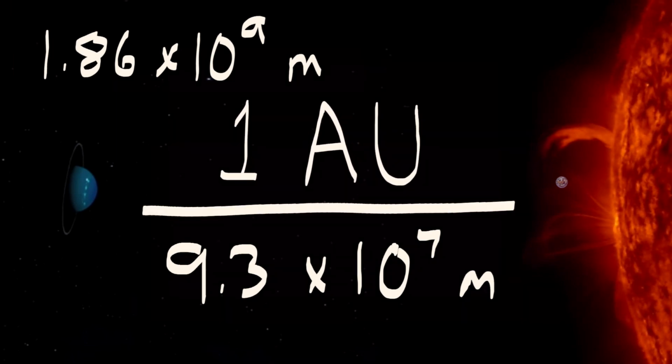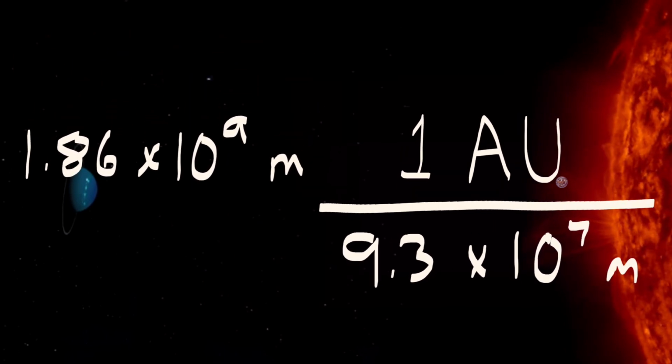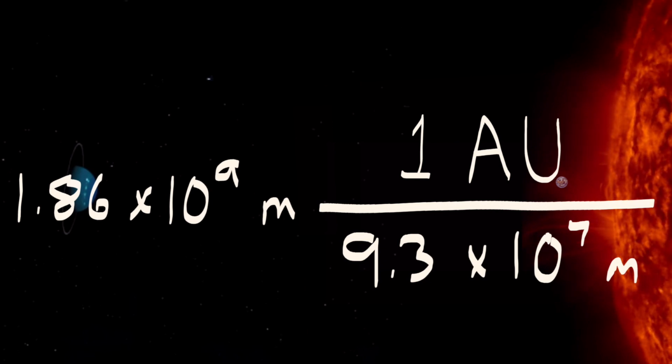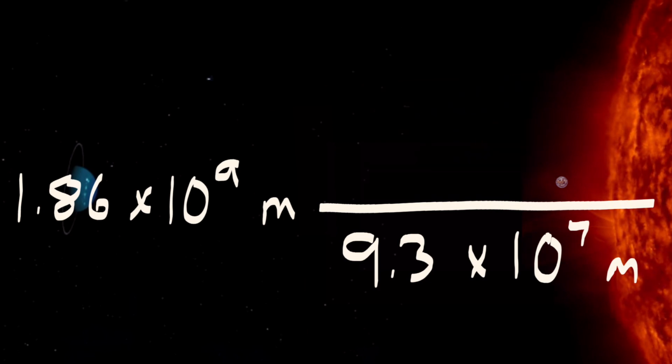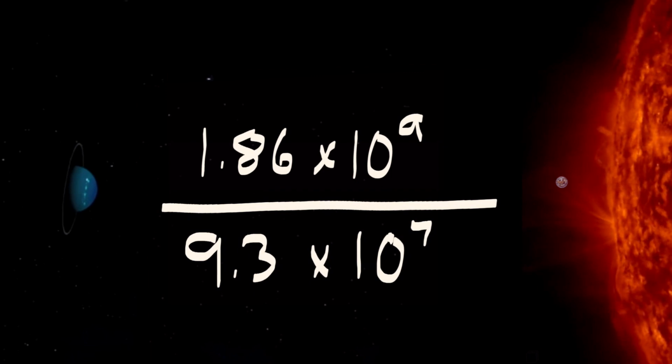Now we multiply 1.86 times 10 to the 9th times our unit multiplier, which is 1 over 9.3 times 10 to the 7th. This is the same thing as dividing 1.86 times 10 to the 9th by 9.3 times 10 to the 7th.